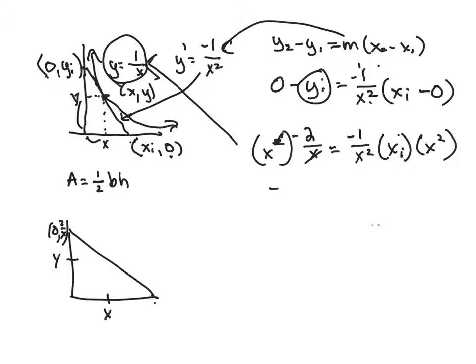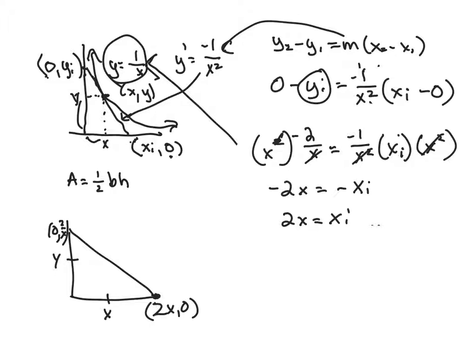So I get -2x equals negative x-intercept. So if I divide both sides by -1, I get 2x equals the x-intercept. Okay, so that's this point, 2x comma 0.